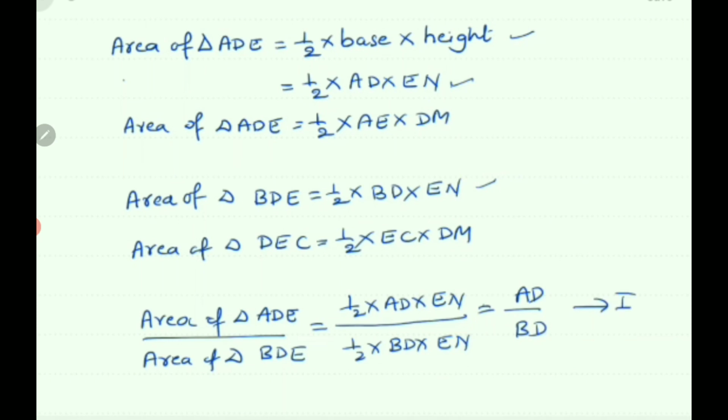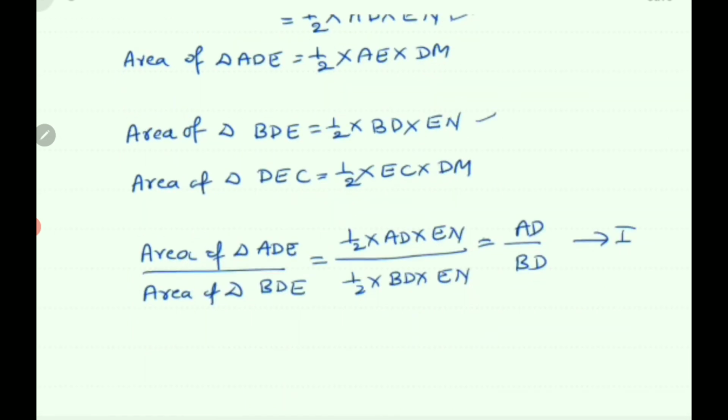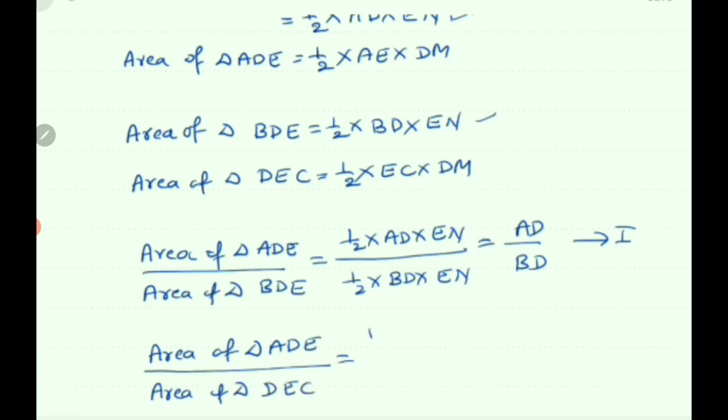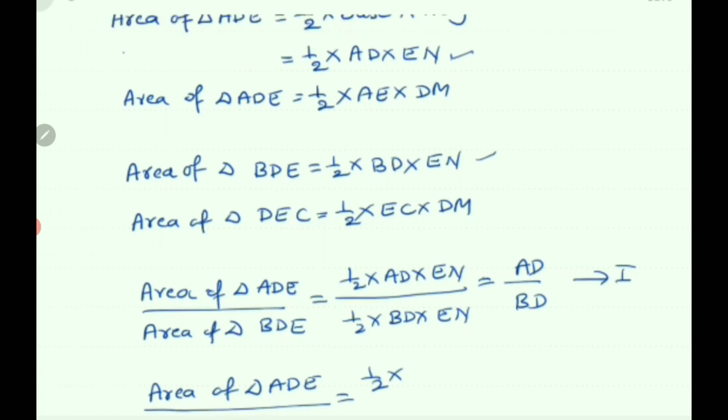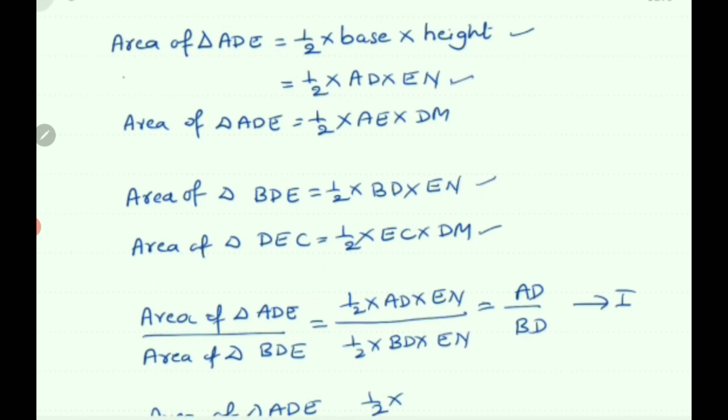Next, you take the ratio by taking the same triangle ADE: area of triangle ADE by area of the other triangle DEC. For DEC, DM is the height, and you take the same height DM for triangle ADE.